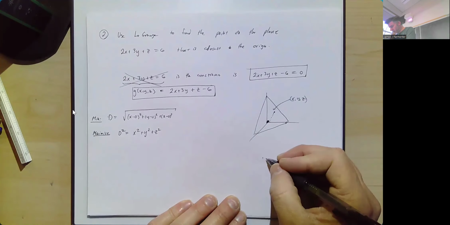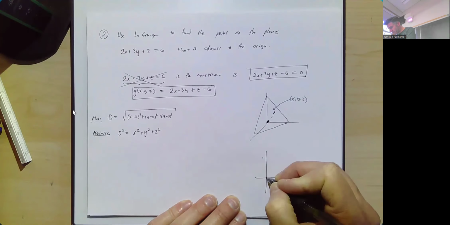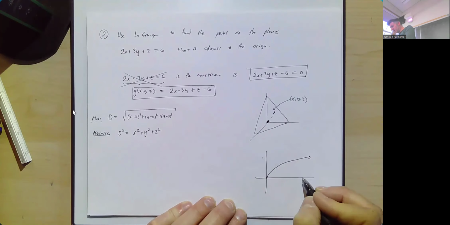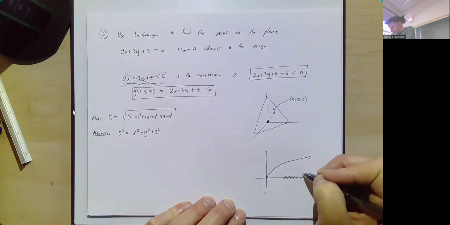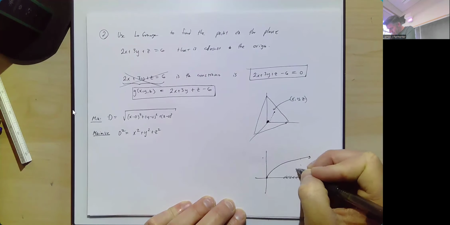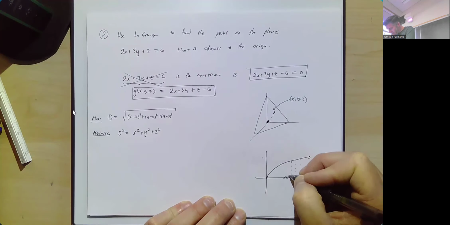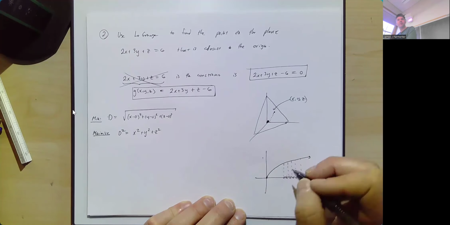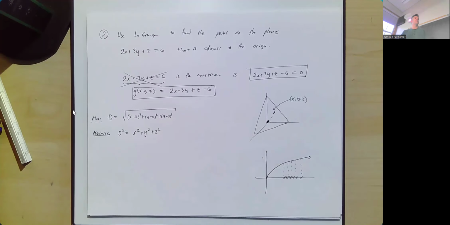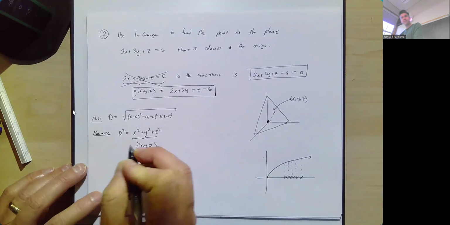If you graph the square root of x, and you make the thing you're taking the square root of as small as possible, then you make the corresponding output values as small as possible, as they get lower and lower and lower. So it's always the better choice to try to maximize or minimize the square of the distance instead of just the distance itself. And that is our f of x comma y comma z.